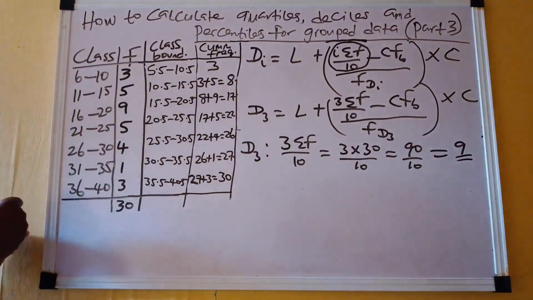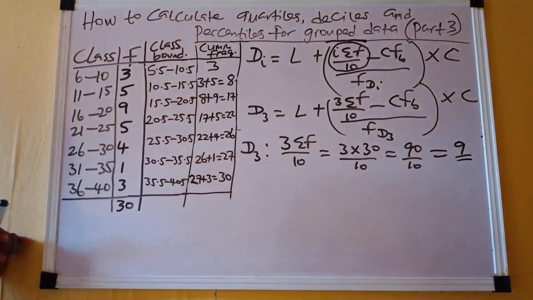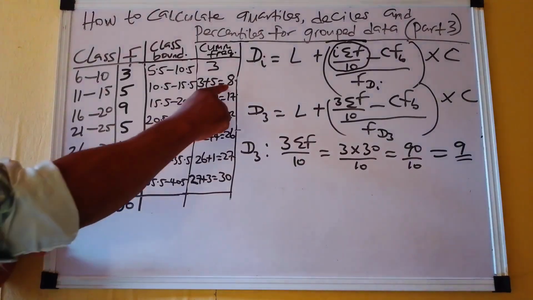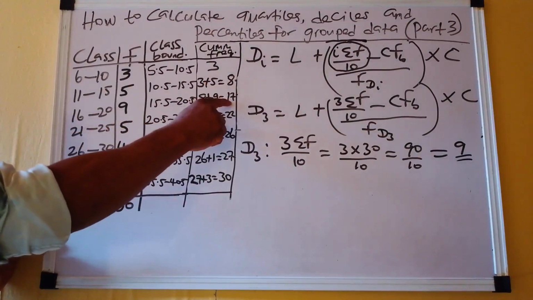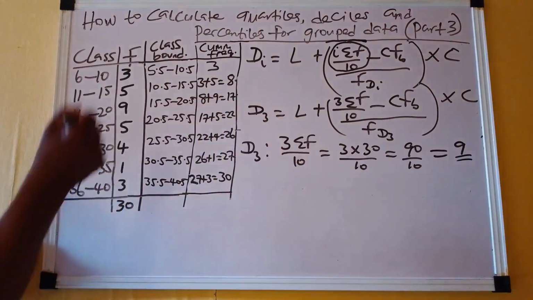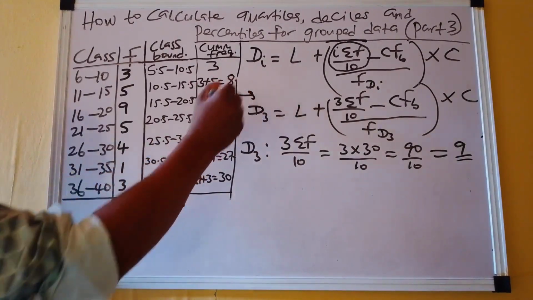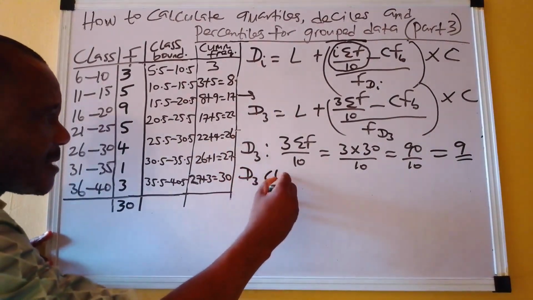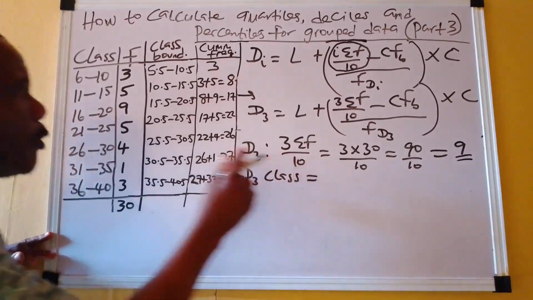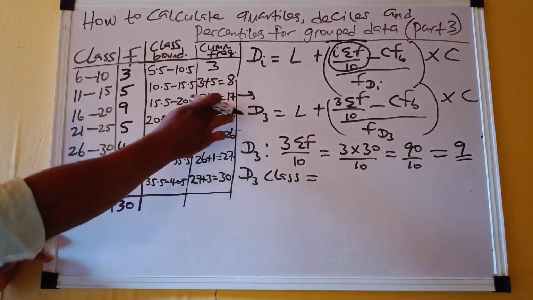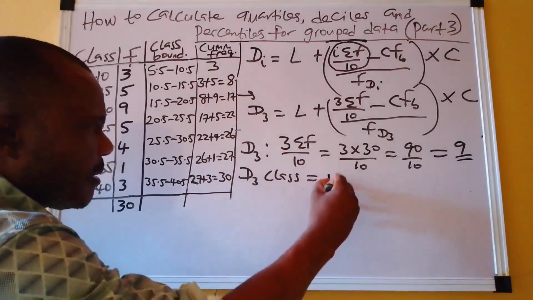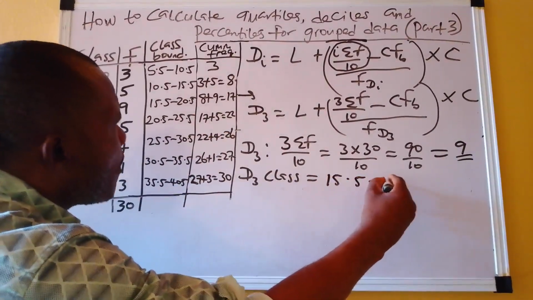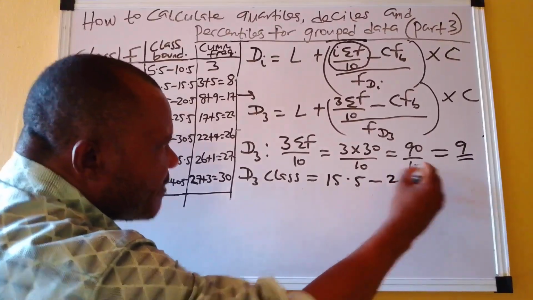Again, we always trace the class using the cumulative frequency column. Now, where does 9 fall? 9 is above 8, so it falls in this class, this 17 here. So our D3 class is this class. I'll write it out. D3 class is equal to 15.5 to 20.5.